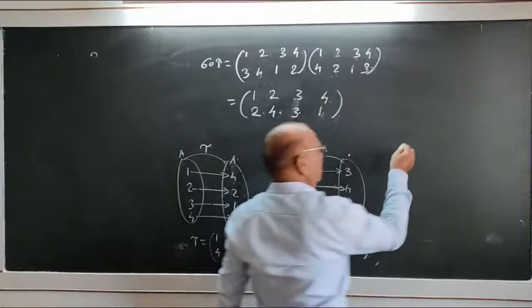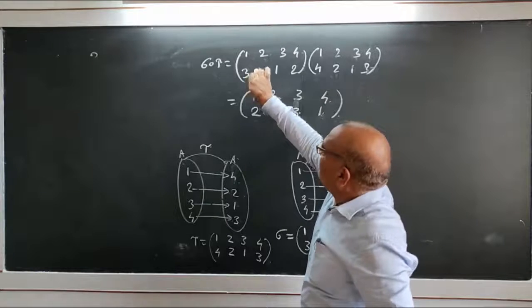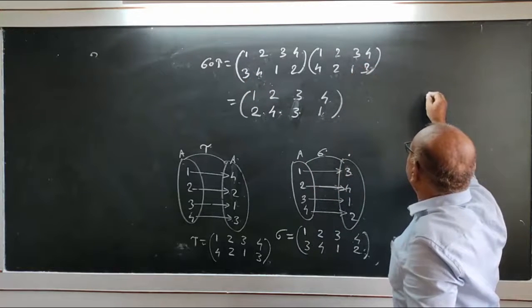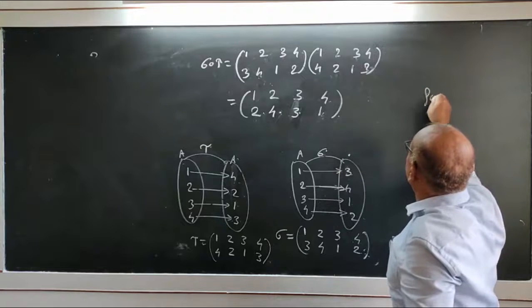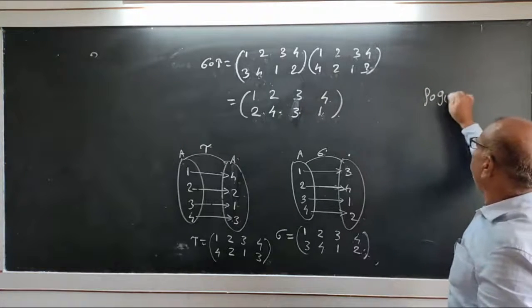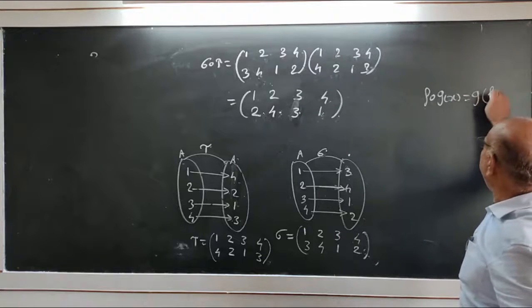In some books, this computation may be done from left to right. But in this book, function composition is defined as f composition g of x denoted by g of f of x.